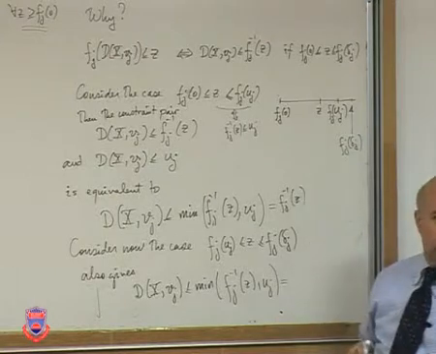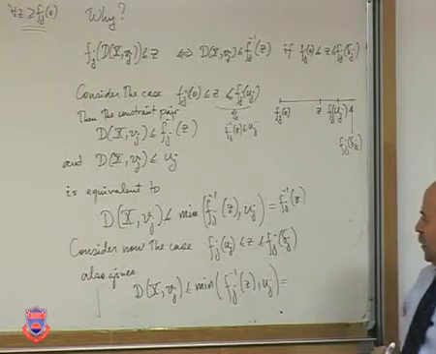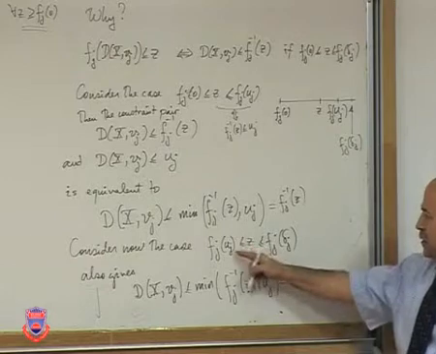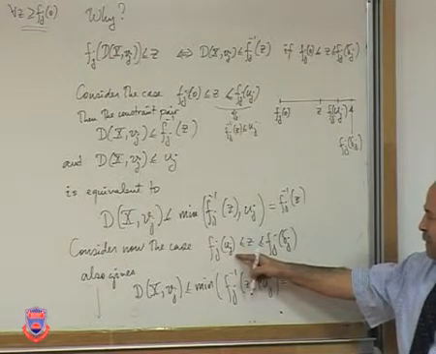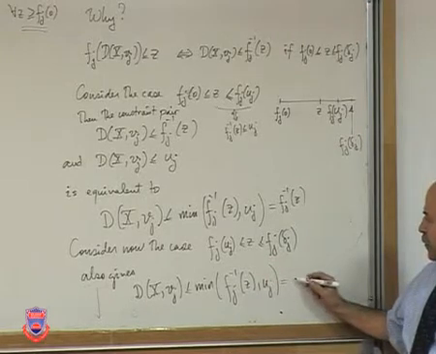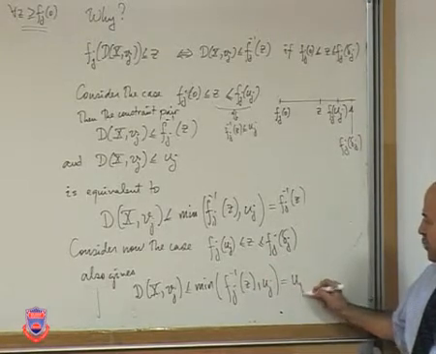That's for sure. In the second case, z is greater or equal to this, which means the minimum is obtained by uj.